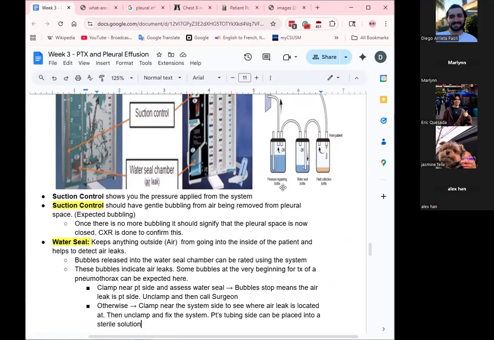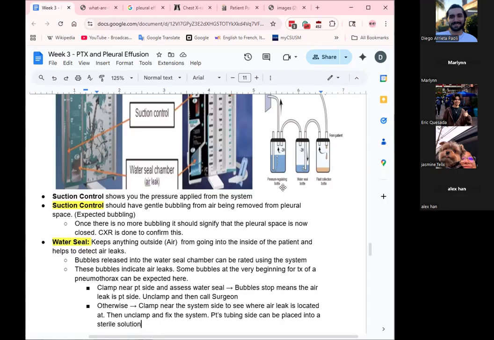So if you see bubbles, you're going to clamp it at the patient side, essentially removing the patient side from the equation. If your bubbles continue, that means it's the machine and not a leak on the patient side. If the bubbles stop, that means taking away the patient's side made the air leak go away, which means that the air leak is happening from the patient side.